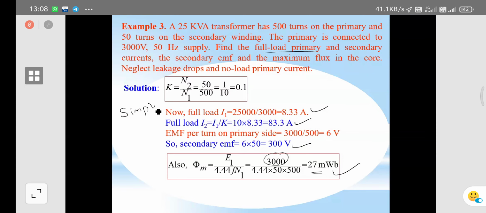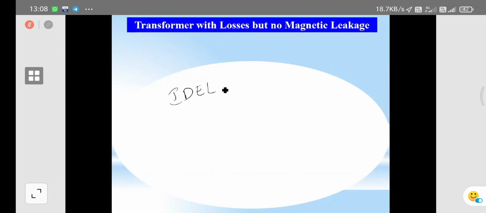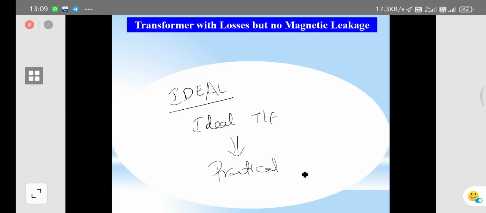So next class we'll discuss the ideal transformer, compared with the practical transformer. In an ideal transformer, the efficiency is 100%. In a practical transformer, the efficiency is 95 to 98%.